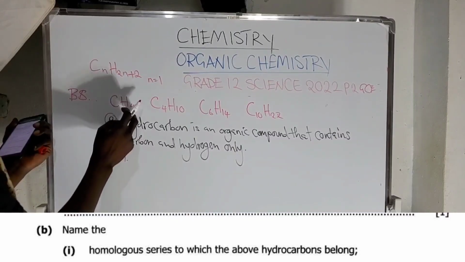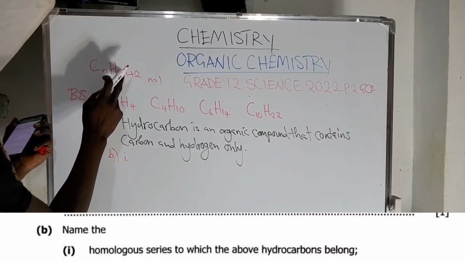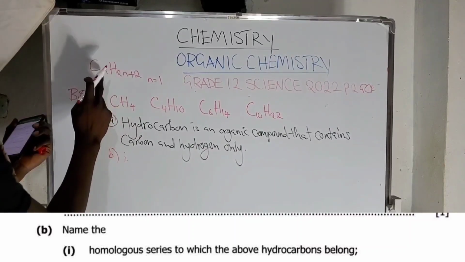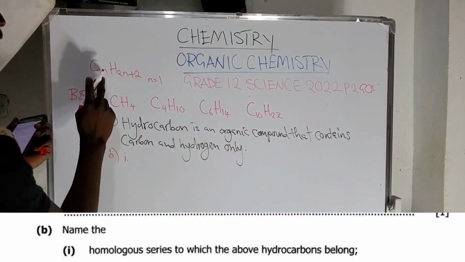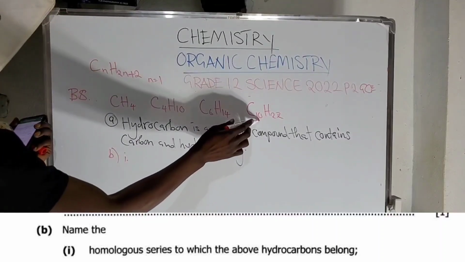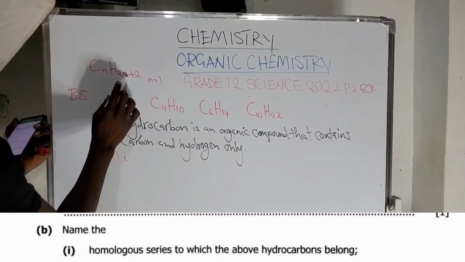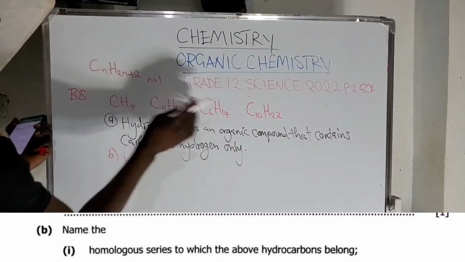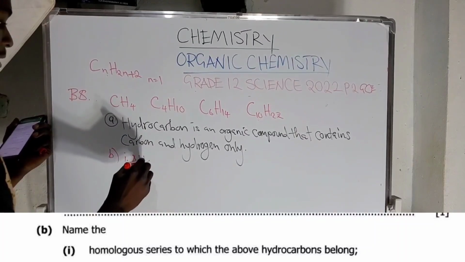So this one is working. Let's use 4. If you substitute 4, 4 times 2, 8 plus 2, 10. C4H10 is working. Let's use this one. If you substitute n for the number of carbon atoms, 10, it will be C10, 2 times 10, 20 plus 2, 22 is working. So these are alkanes.